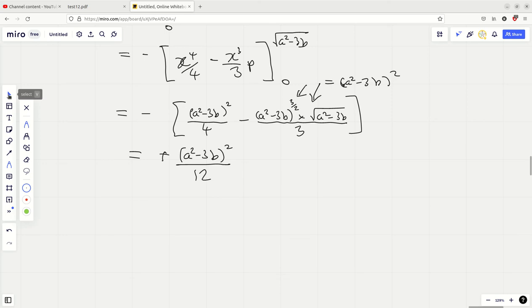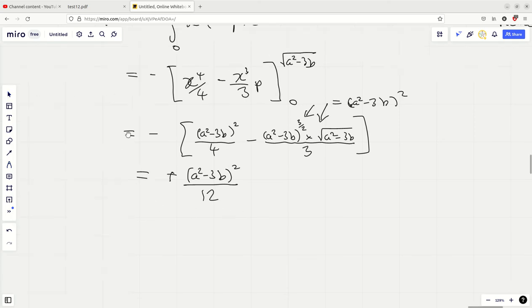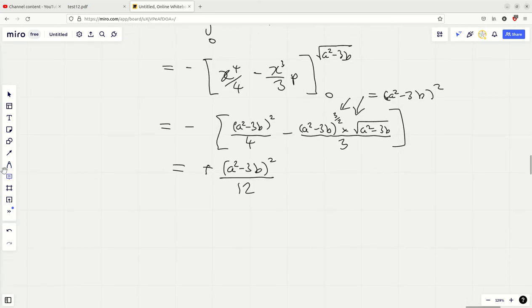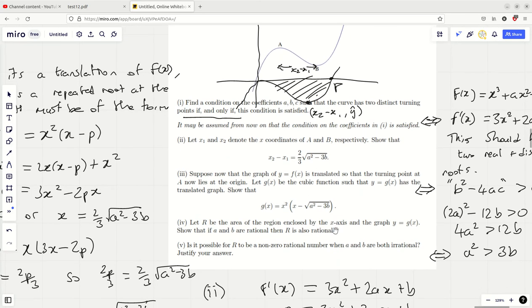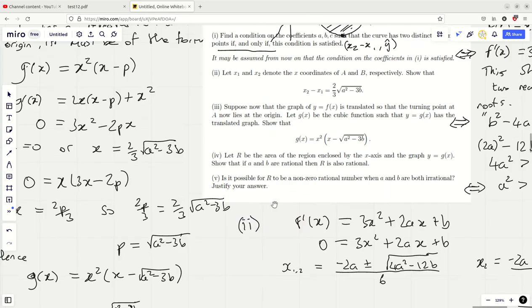Okay, now why is it if a and b are rational, this is rational? Well, clearly, all the square roots have gone. That's the reason why, really. Okay, so if a squared and b are rational, I think they just said a and b, didn't they? Not a squared and b. Let me get it right. Yeah, show that if a and b are rational, R is also rational.